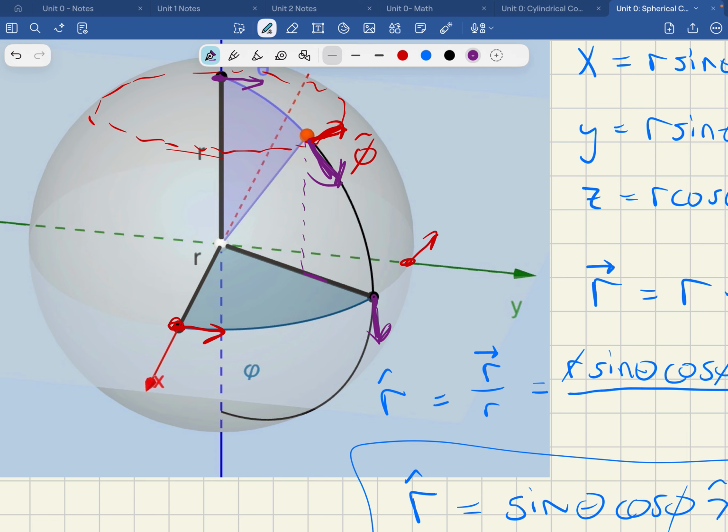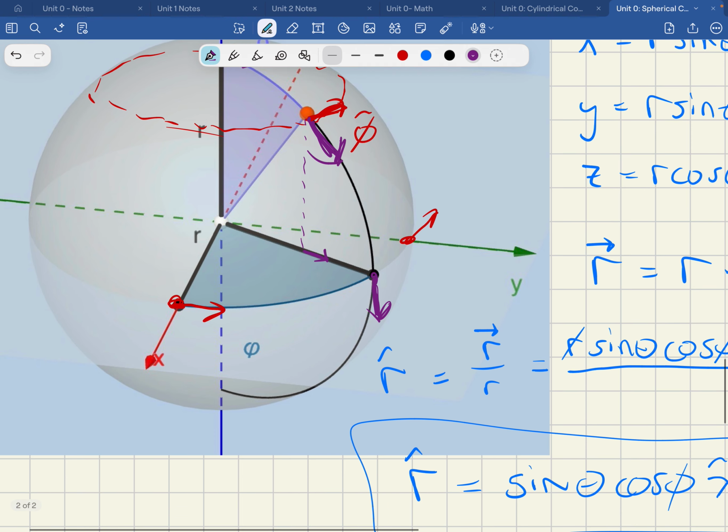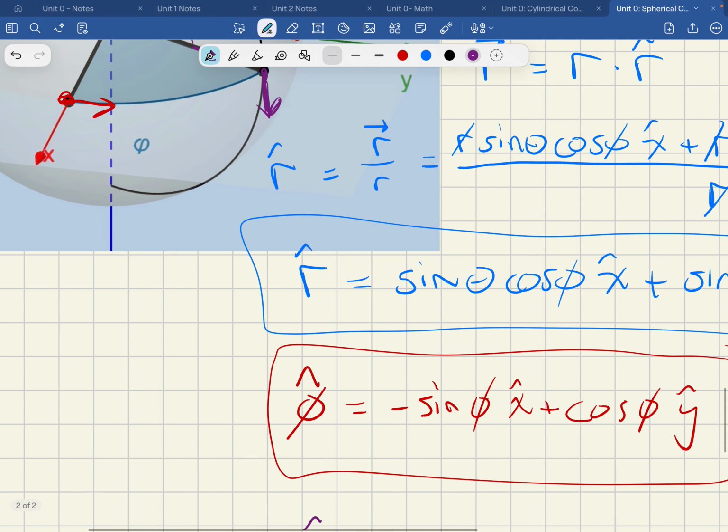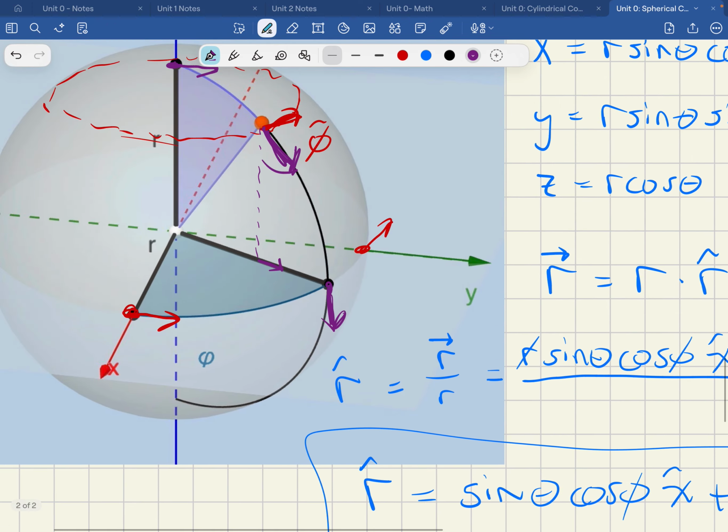If I project this down onto the line below it, this thing has a length of cosine theta. And how do I know that?